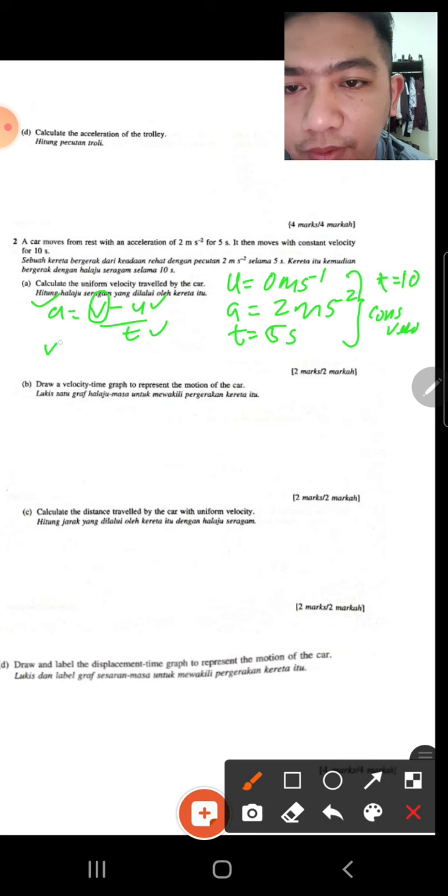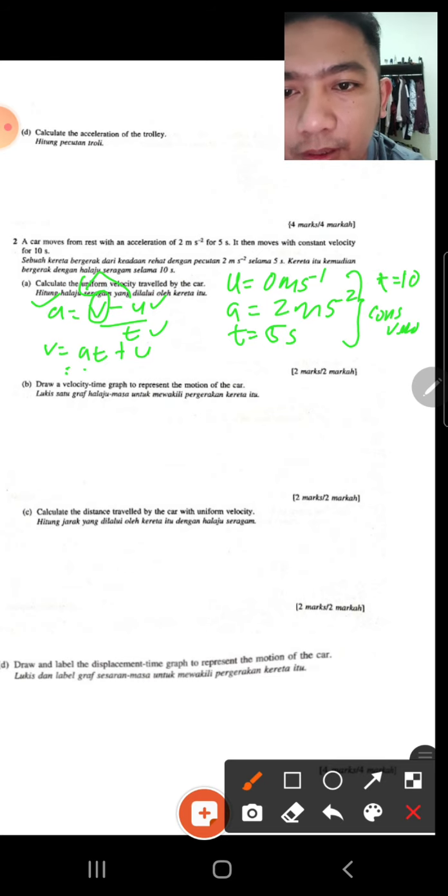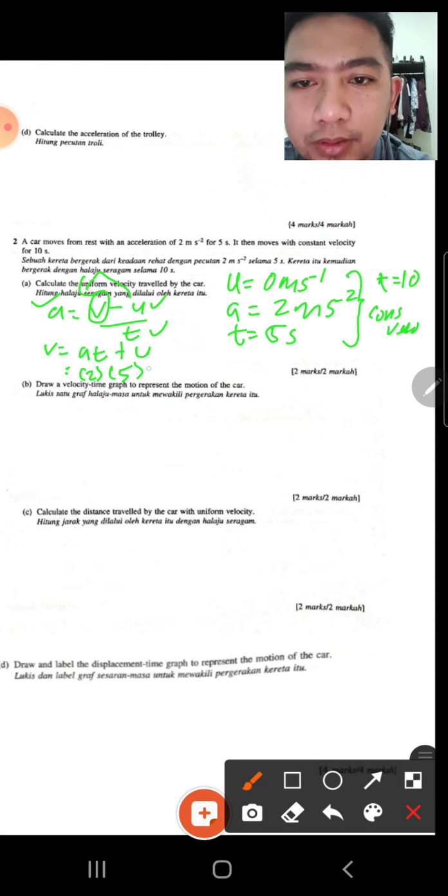So how to find v? a times t plus u, because u you bring to the other side. So just substitute. a is 2, the time is 5. Don't get it wrong, this is the first situation; the 10 second is for the second situation, and u is 0. So the answer is, the velocity is 2 times 5, 10 plus 0, 10 meter per second.